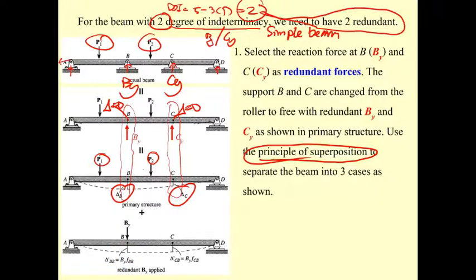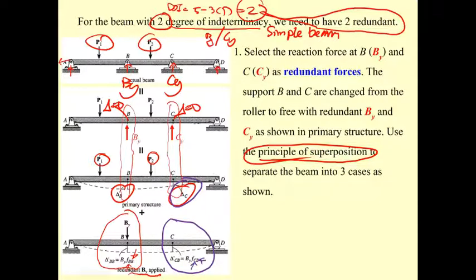It is important to specify that the beam is subjected to the redundant B sub y. The deflection here is the deflection at B due to the force applied at B, and also the deflection at C due to the force applied at B.